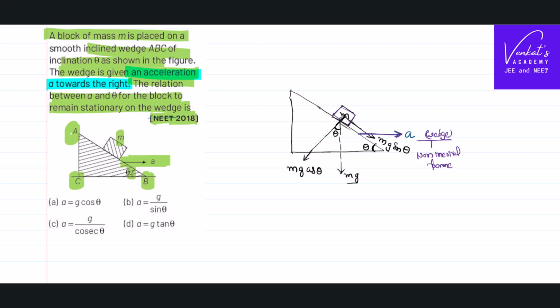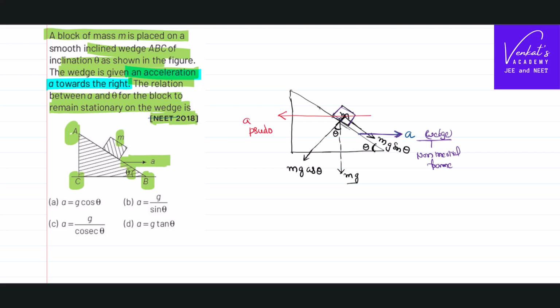So, to compensate for the non-inertial frame where we cannot apply Newton's laws of motion, we shall imagine an acceleration on the body of equal magnitude but opposite direction. So this is what we are imagining, a pseudo acceleration, so that we can come out of the influence of the non-inertial frame.